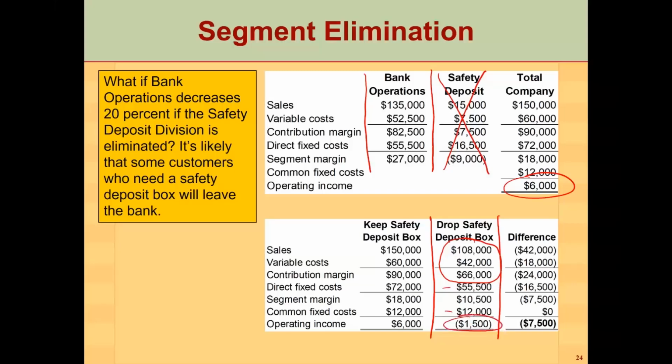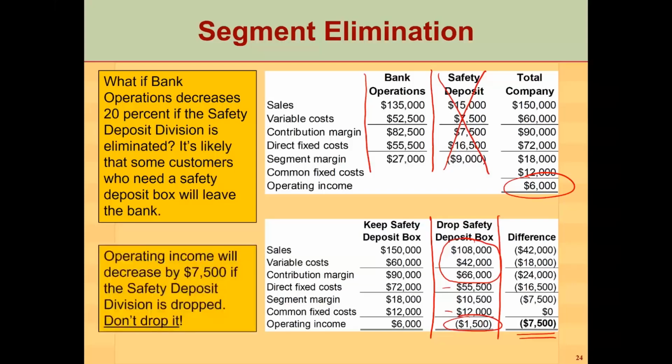Well, now, instead of a $6,000 profit, I'm at a $1,500 loss. Eliminating that safety deposit box service turns out to be a bad idea. Even though I saved myself the $9,000 loss that the safety deposit box was incurring, a lot of the profit that the bank operations was bringing in is now gone because those customers have left. If this is the situation, I would not want to eliminate the safety deposit box.